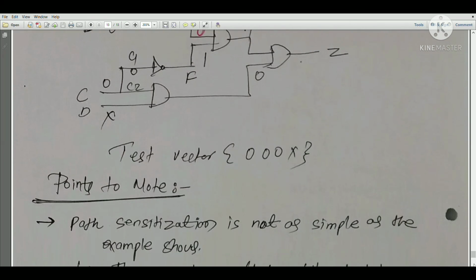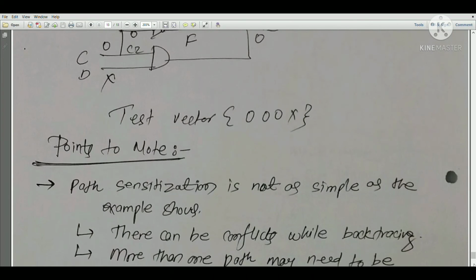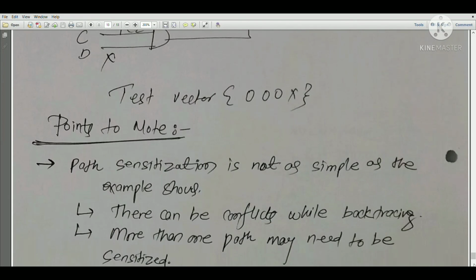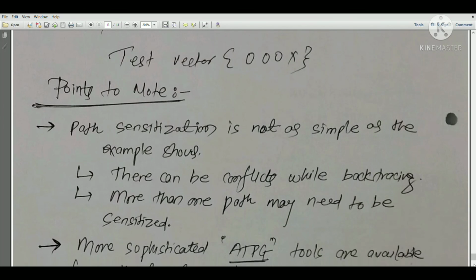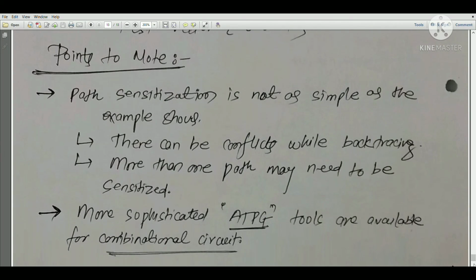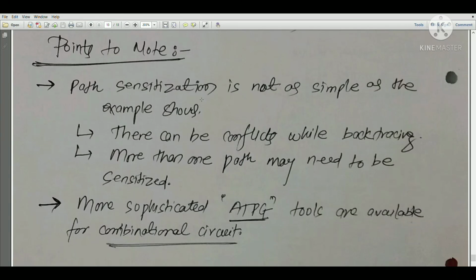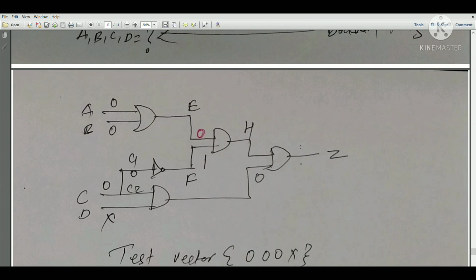We will see some other examples when we talk about the automated test pattern generation scheme, and then you will definitely understand more examples on this. So what are the points to note here? Path sensitization is not as simple as the example shows. There can be conflicts while backtracking, and more than one path may need to be sensitized. Suppose you are backtracking from here to here.